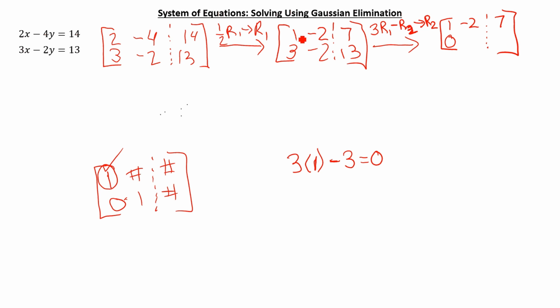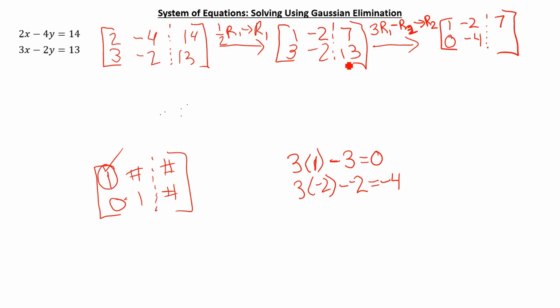Next, we take the -2, so we do 3 times -2 from row 1 and subtract -2 from row 2. You end up with -6 plus 2, which is -4. So we put a new -4 in row 2, column 2.